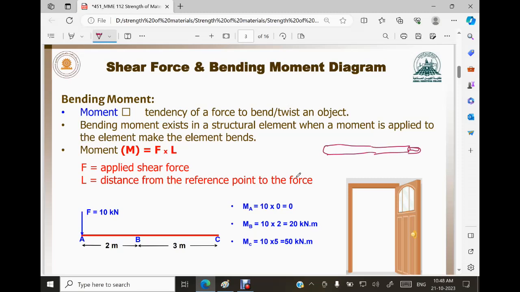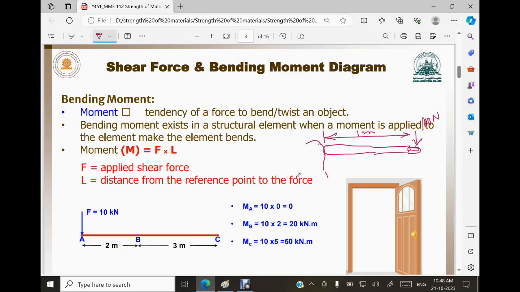If some load is kept over here, this is the shoulder. Now let us say this distance is 1 meter and this force is 100 newtons.